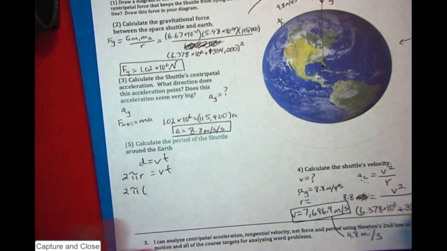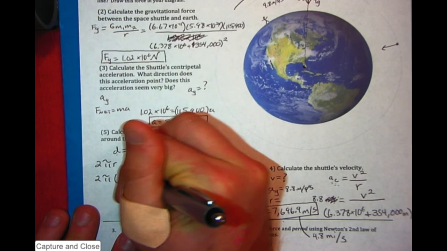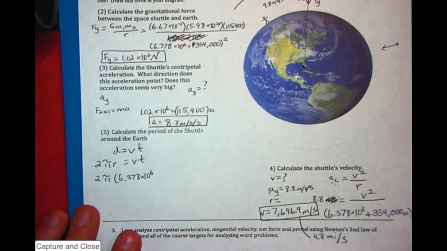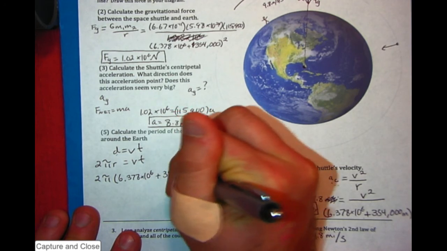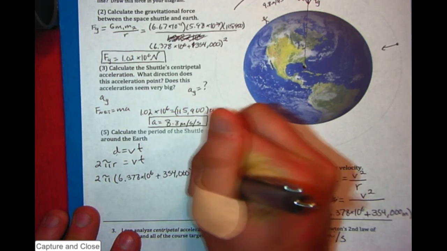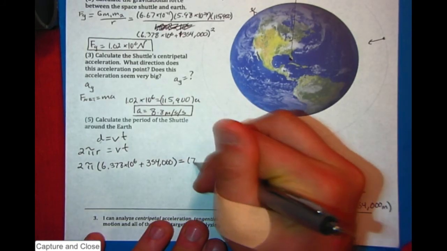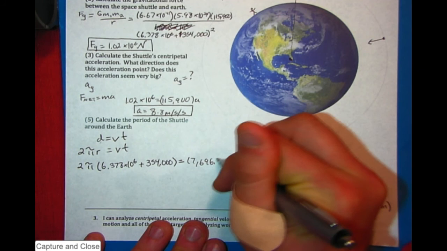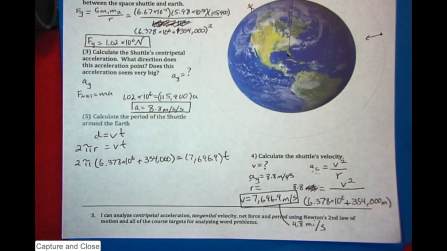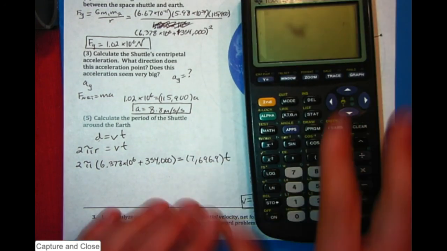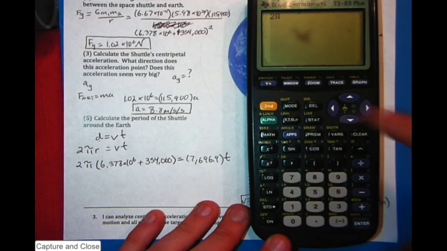All right. So again, our radius is what we have right here, the 6.378 times 10 to the 6th, the radius of the Earth, plus how high the space shuttle is above the Earth. And that's going to be equal to our velocity, what we just calculated, 7,696.9 meters per second. And then we solve for time. So let's enter this into our calculator. I'm going to do 2 times pi.